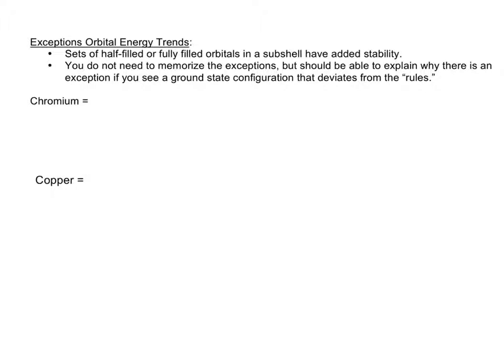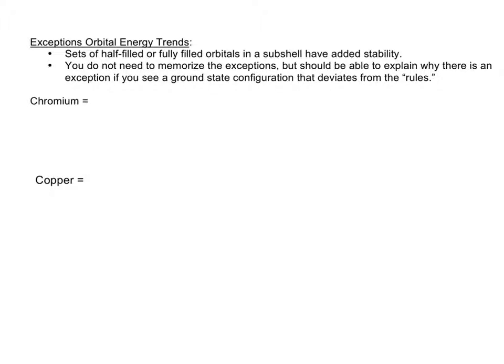And so sometimes, because that gives just a little bit of added stability, you get electron configurations that don't follow the rules exactly. And while you don't need to memorize which ones have exceptions, it is important that if you see an exception and you're told it's a ground state configuration, you can explain why it deviates from the rules that we learned.